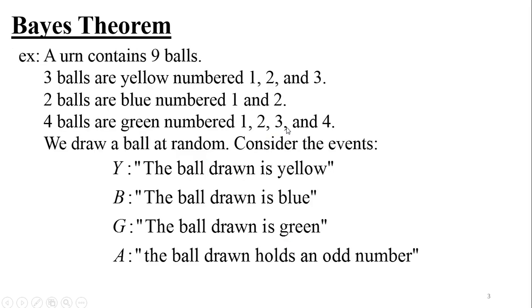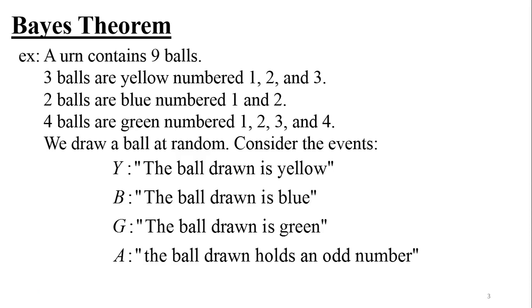Now, we can see this through this quick example. We have an urn containing 9 balls. 3 of them are yellow, numbered 1, 2, 3. 2 of them are blue, numbered 1 and 2, and 4 of them are green, numbered 1, 2, 3, and 4. Now, we decide to draw a ball at random. We consider the following events.